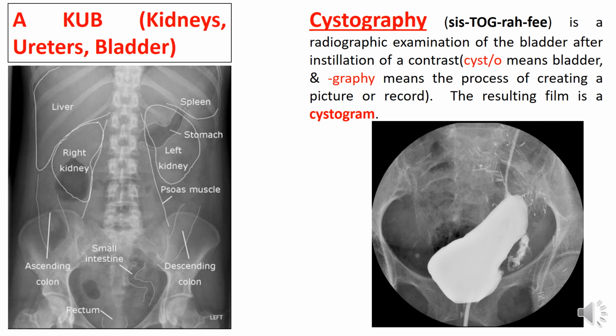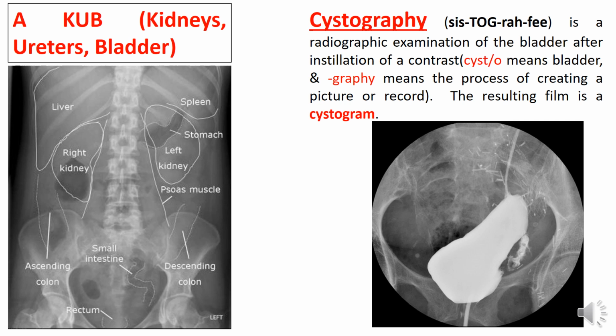Another non-invasive one is the kidney, ureter, bladder X-ray film, erect abdominal X-ray film, which is called KUB for kidney, ureter, and bladder. This is also non-invasive, while the invasive one is the cystography. Let's separate these two forms.